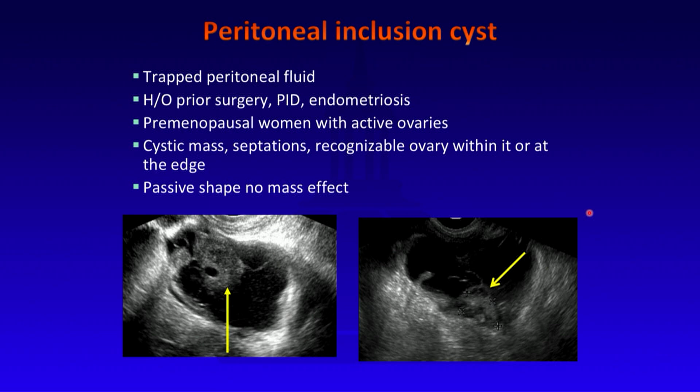What happens is that in premenopausal women with active ovaries, the ovaries keep secreting some fluid, and because the patient had adhesions, either from prior surgery, pelvic inflammatory disease, or endometriosis, you have these cystic lesions, fluid which is trapped. It's usually surrounding the ovaries, so try to find the ovaries in the middle of this adnexal mass. Also, it usually has a passive shape and doesn't create a mass effect.